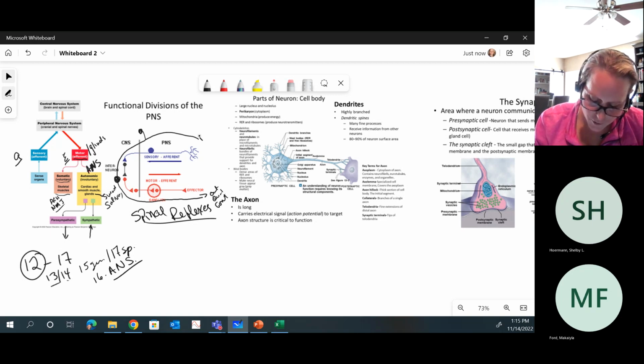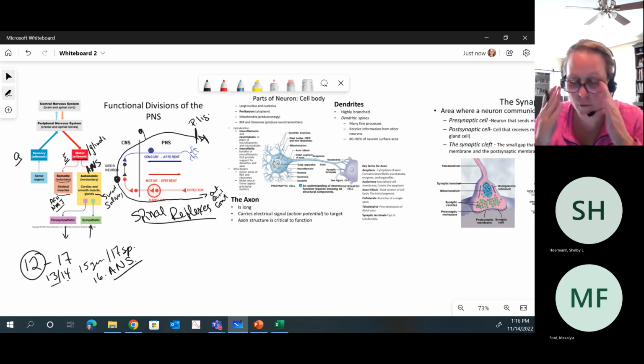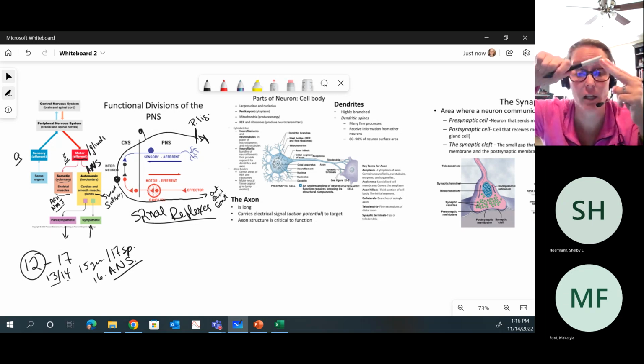Okay, so you have that little tap, it bumps on your patella ligament. That is going to bring information in. It's going to quickly jump to the motor pathway and send information out. So that is one of the simplest reflexes we know, and we know that it's two neurons. It's one sensory neuron, one motor neuron. They directly are in contact with each other.